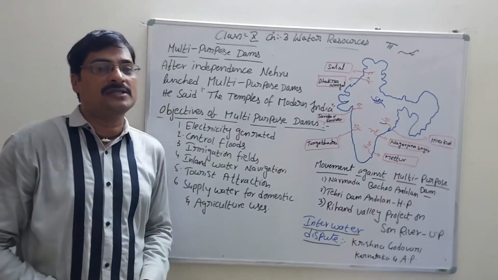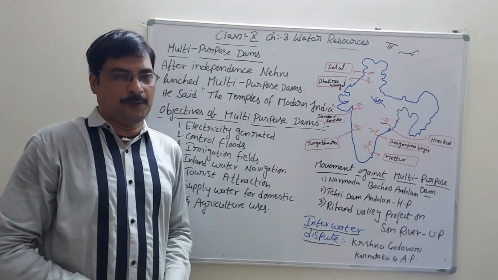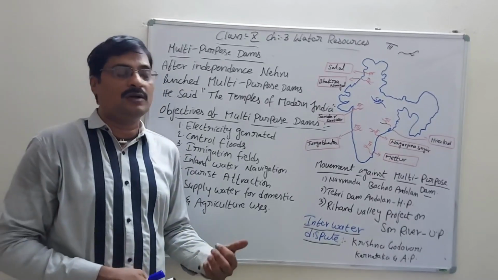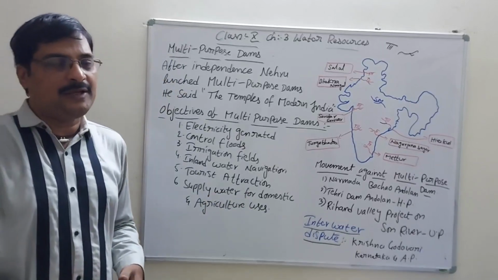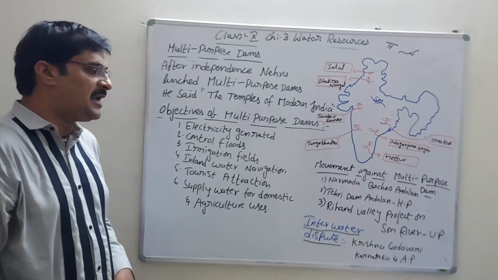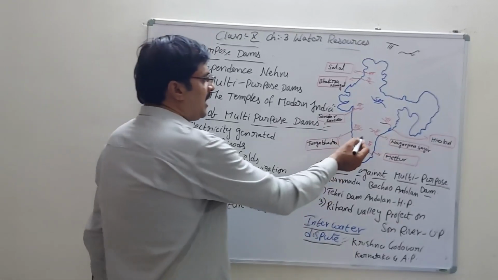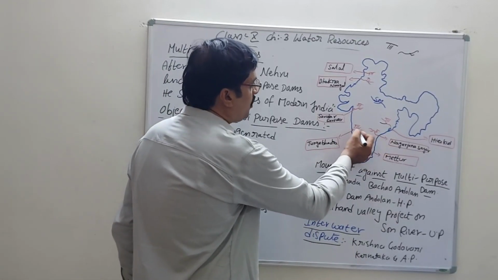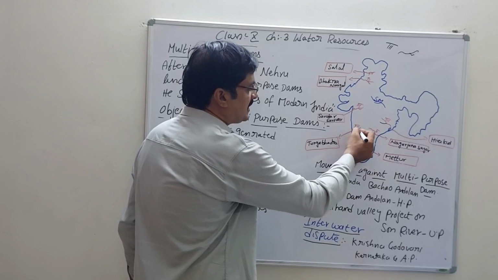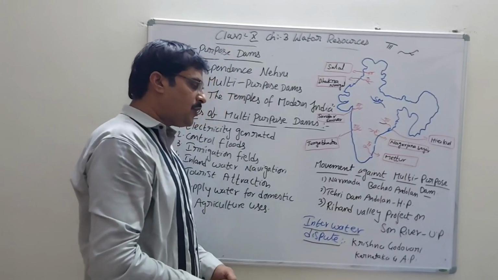And one more important concept of this lesson, we have inter-state water disputes. Disputes means conflicts between one state and another state. Yes, one important concept given in our textbook is the Krishna-Godavari dispute between Karnataka and Andhra Pradesh. Actually, river water flows from the Krishna to the Tungabhadra, and the Nagarjuna Sagar and Tungabhadra projects are constructed on it.